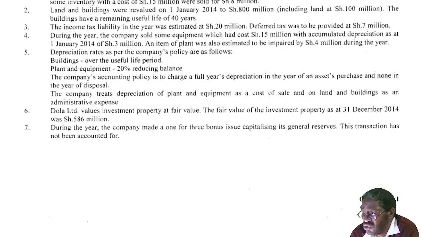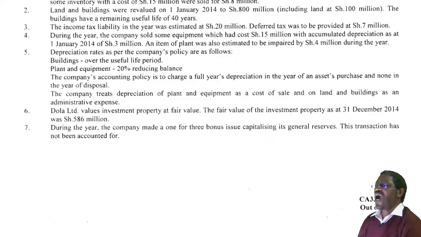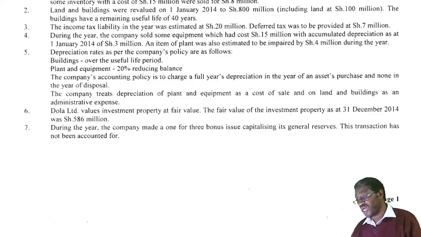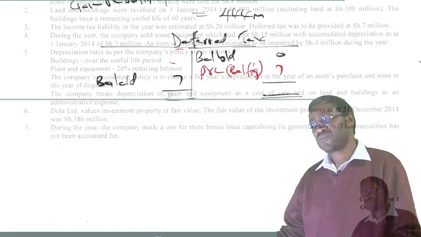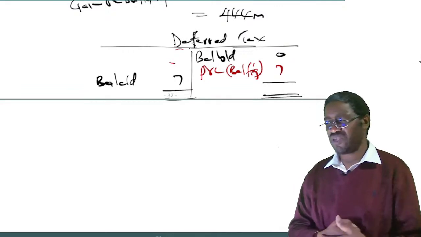Now, note number 4. They are testing you on disposal of an asset. How disposal of assets affect P&L and affect balance sheet. It is obvious. Again, listen, that is not something new.